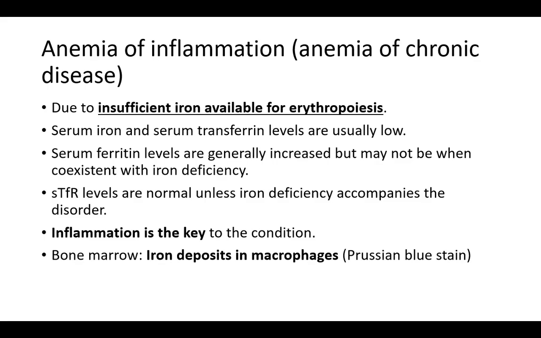Ferritin levels are usually normal or increased, unless it is accompanied by iron deficiency anemia, of course. Serum transferrin receptor levels are normal, unless iron deficiency accompanies. Inflammation is the initiating factor for all these. In the bone marrow, you can see iron deposits in macrophages, and this can be seen by a special stain, Prussian blue stain.